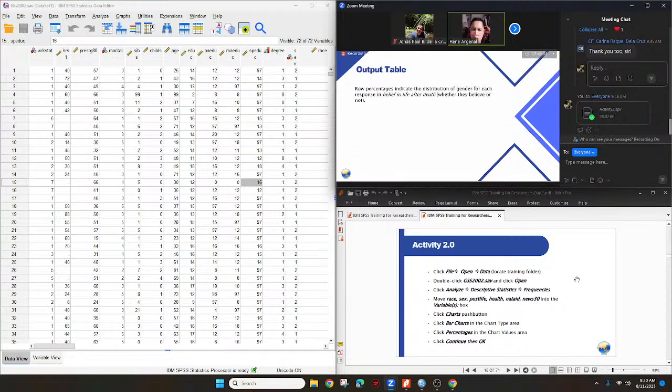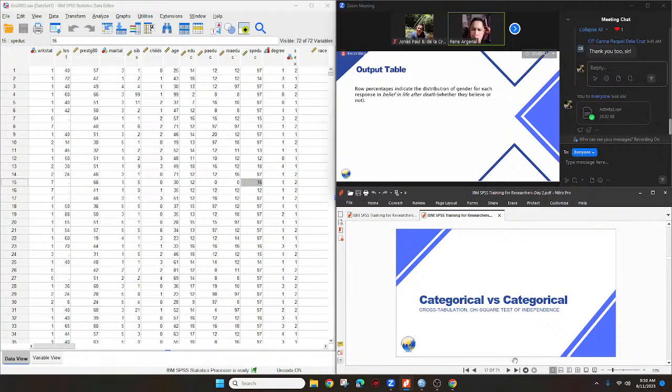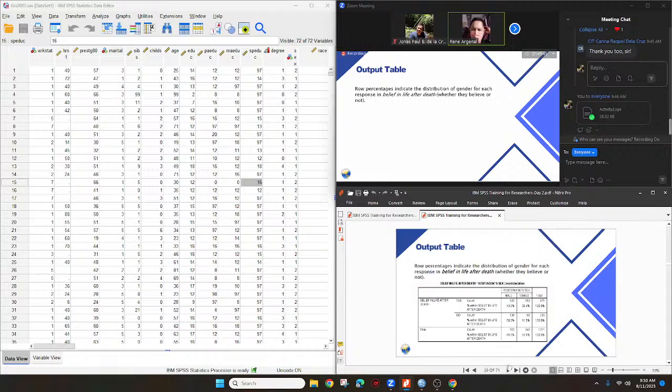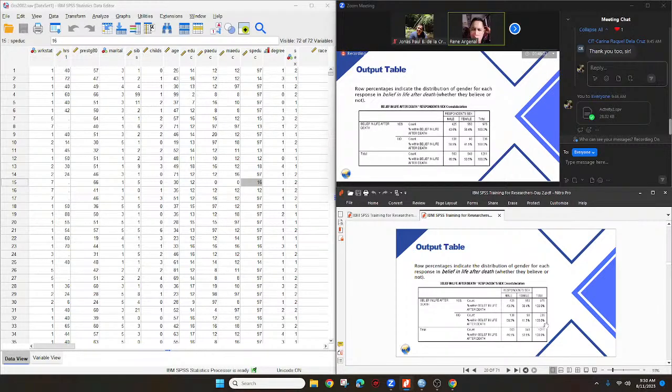So this is the output variable, no? Usually you have the row percentages that indicate the distribution of gender for its response in belief in life after death, whether they believe or not. For example, you would like to determine if there is a relationship between the respondent's sex and their belief in life after death. Here you have those who believe: for males, 425; for females, 550.